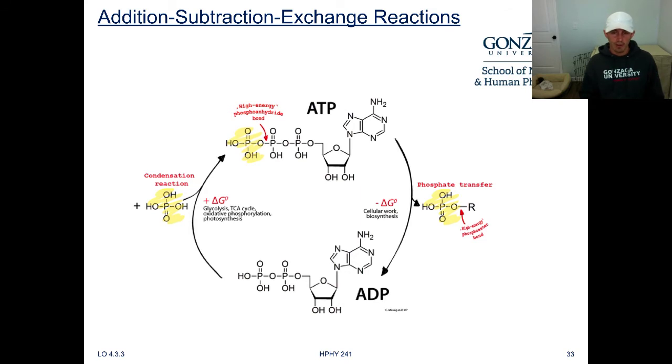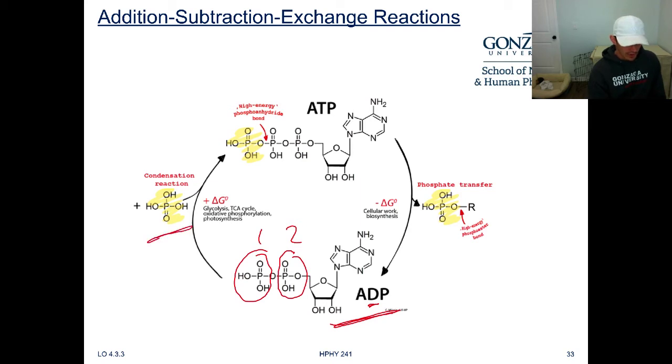Here's an example of that. We'll start down here with ADP, adenosine diphosphate. We've got a phosphate group here, we've got a phosphate group here. So 1, 2, adenosine diphosphate. Now, there's kinases, they can add, see this is what I mean by a functional group right here. This is a phosphate group.